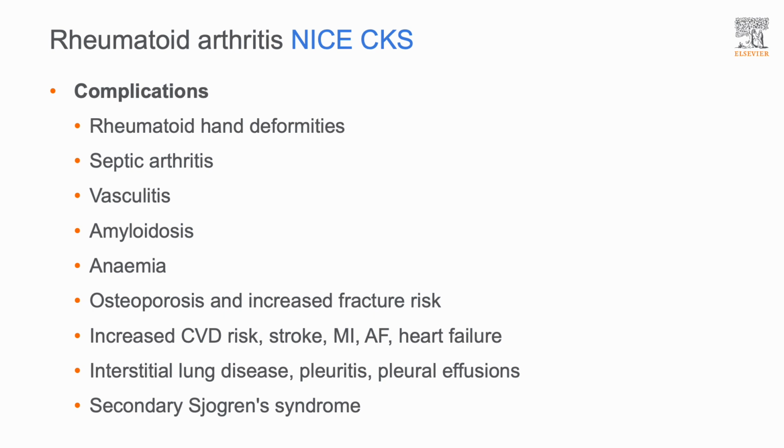Further complications include septic arthritis, vasculitis, amyloidosis, anemia of chronic disease, osteoporosis and increased fracture risk, an increased cardiovascular disease risk, an increased risk of stroke, myocardial infarction, atrial fibrillation and heart failure, interstitial lung disease, pleuritis and pleural effusions, and secondary Sjögren's syndrome, all in addition to the extra-articular manifestations mentioned previously. There are several more complications of rheumatoid, and this list is not exhaustive but just covers a few.